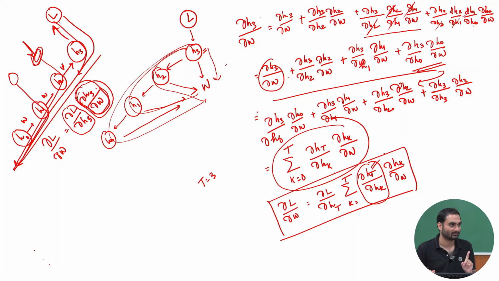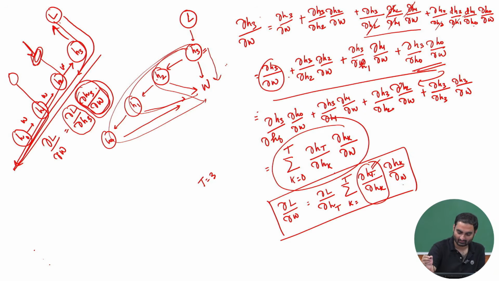Remember, H is a vector, h_t is a vector, h_k is also a vector, and W is a matrix. You should know how to take a derivative of a vector with respect to a matrix, and a derivative of a vector with respect to a vector. You should thank Hugging Face and all these libraries, so that you don't need to do all these things manually.